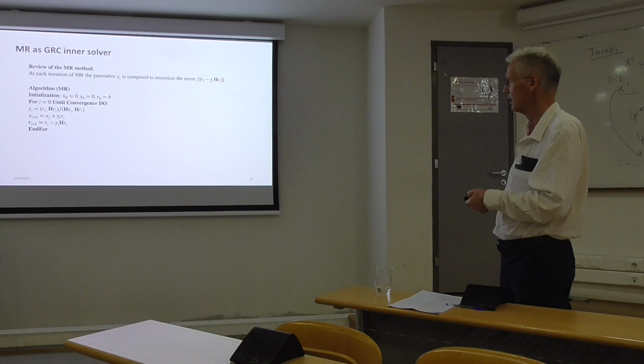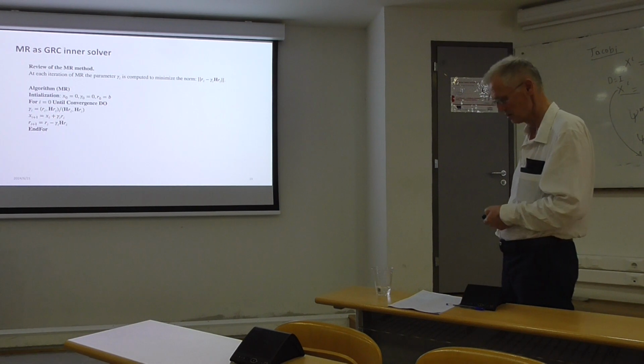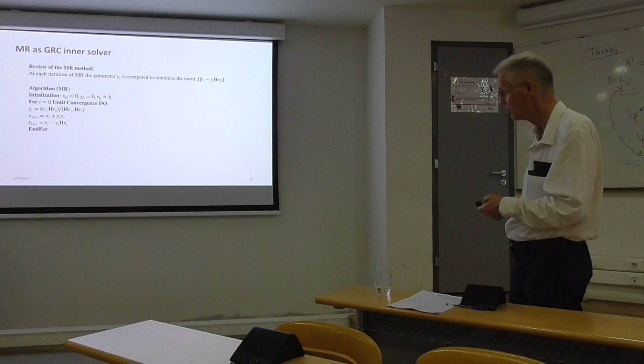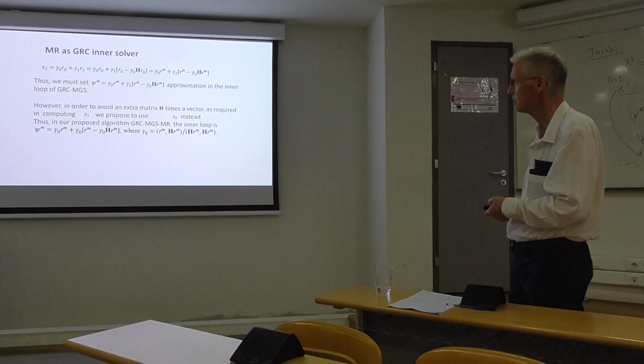Okay, so basically you improve the solution by simply minimizing the norm, and that's the parameter you have to use. It's a steepest descent method, and so we'll use this as an inner solver.